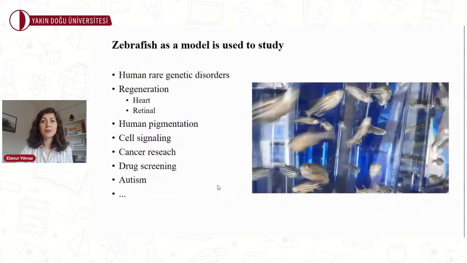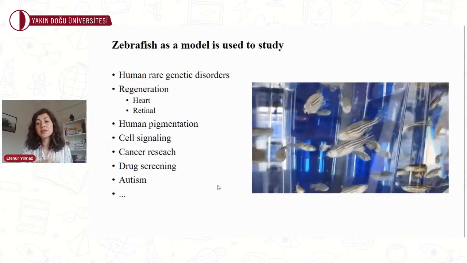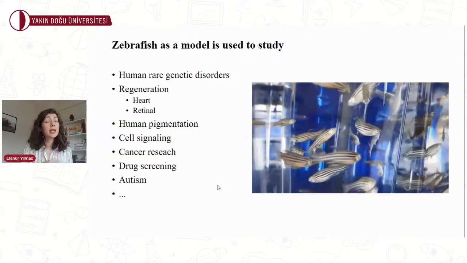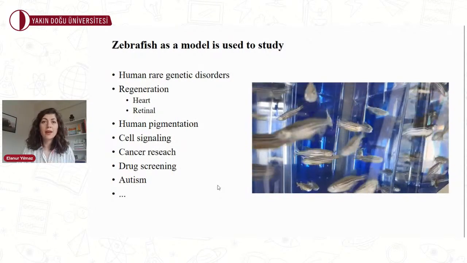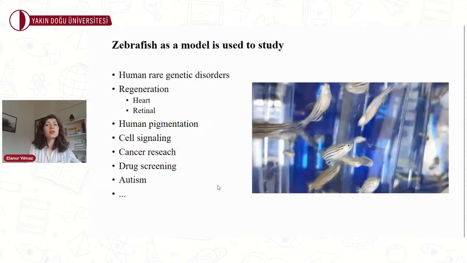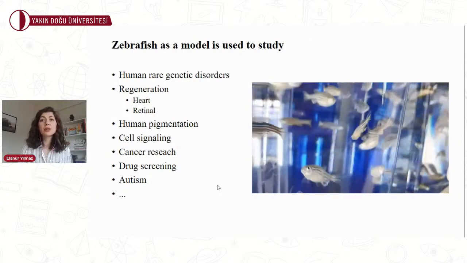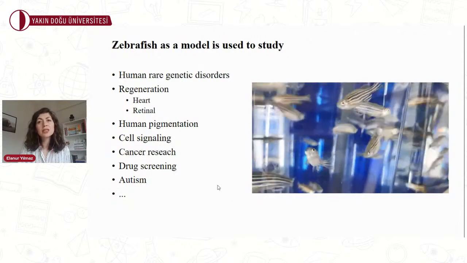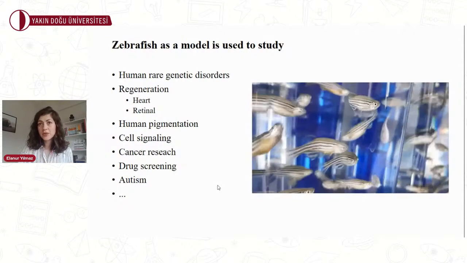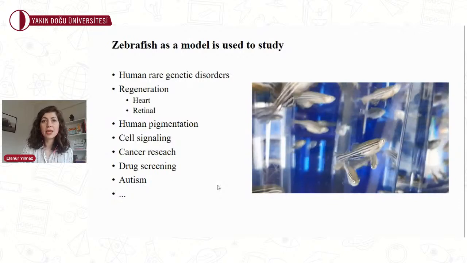And the other question: what are the researchers doing with zebrafish? Or I can ask, what do you want them to work on? Zebrafish researchers mainly focus on investigating the cellular, molecular, and genetic mechanisms that underlie not only developmental processes, but also rare human genetics, as I am trying to do, or cardiovascular disorders, or neurological and psychiatric disorders, or regeneration, cell signaling, cancer, drug screening, and many more.